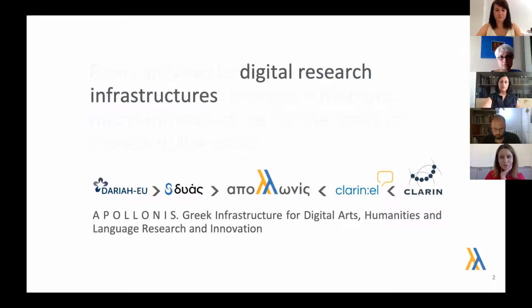For those of you not familiar with these two, you should definitely check them. Part of our job in APOLLONIS is to identify and support humanities researchers' needs in the digital world, and accessing remote data sets from archives is definitely one of them.